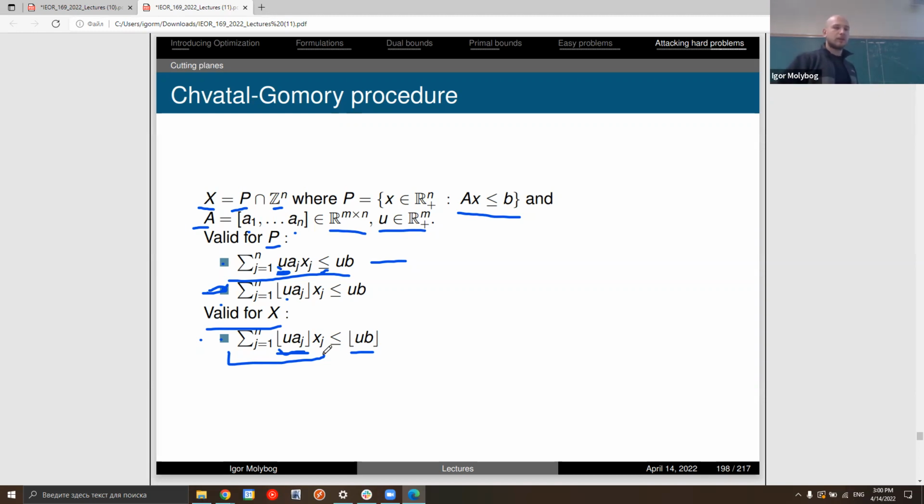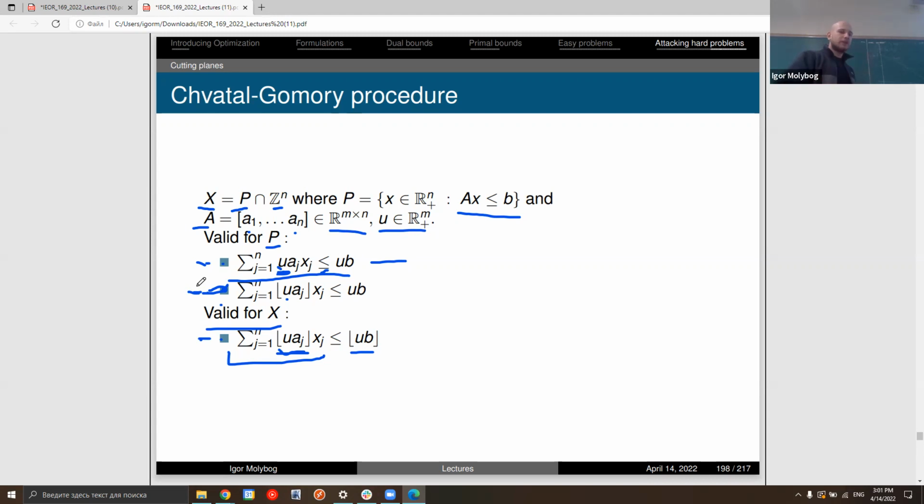Awesome. So what we have discussed right now is that these inequalities are valid for P, and this inequality is valid for X. Is it clear that if these inequalities are valid for P, then they are valid for X as well? Okay.